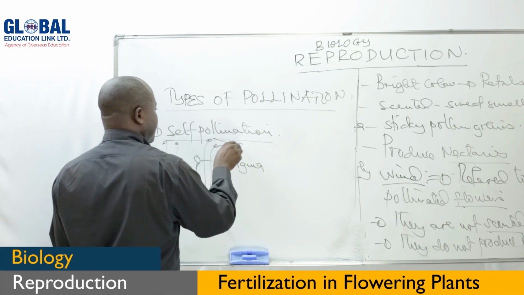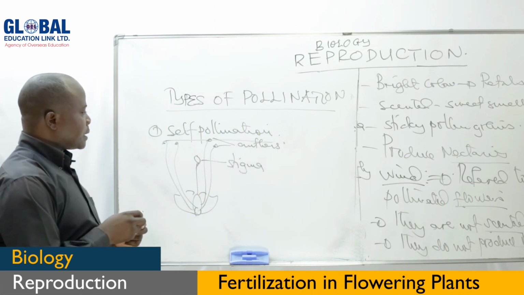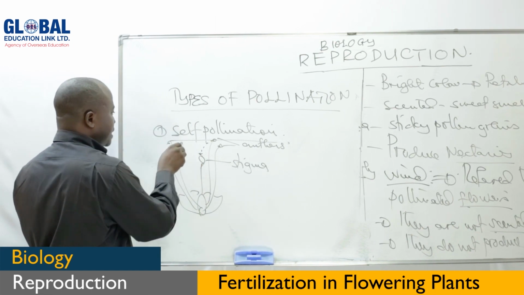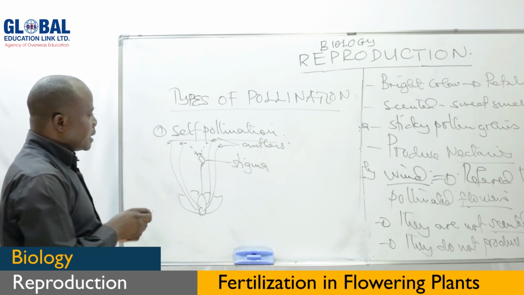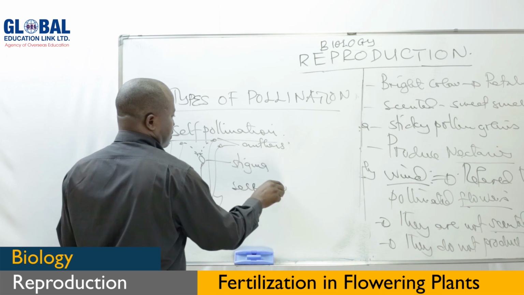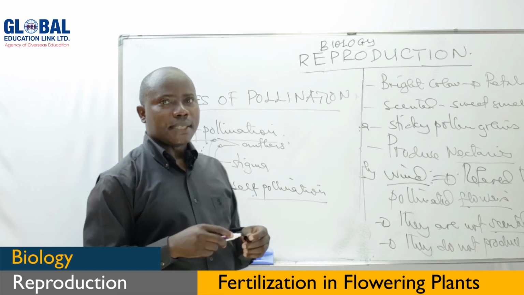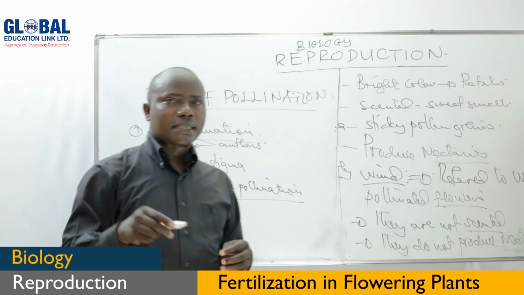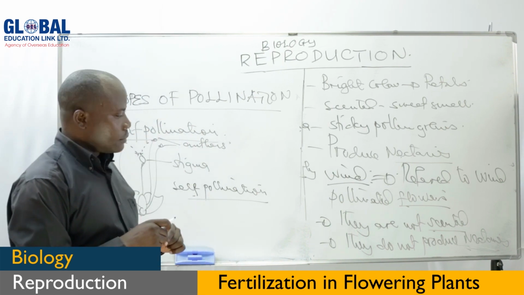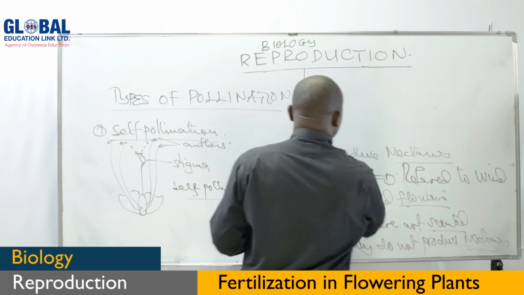If the pollen grains move from the anthers to the stigma, this is self-pollination. It means the pollen grains are carried from the anthers to the stigma of the same flower. That is self-pollination.